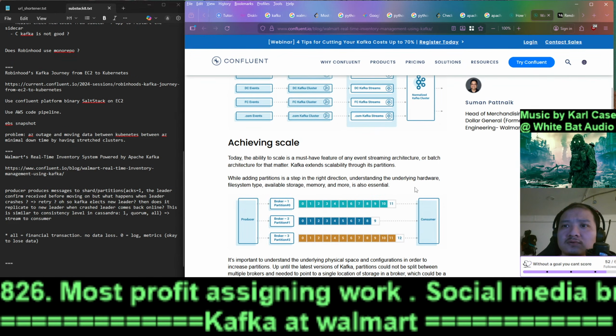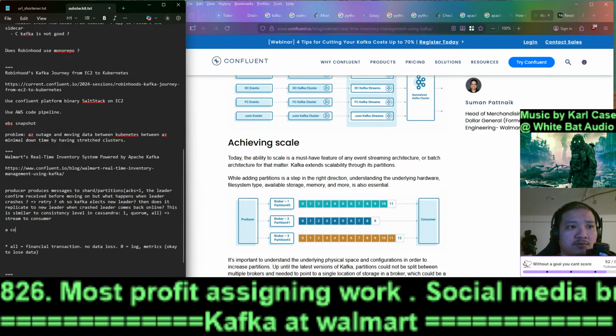Okay, so each of these partitions has one consumer, one partition.